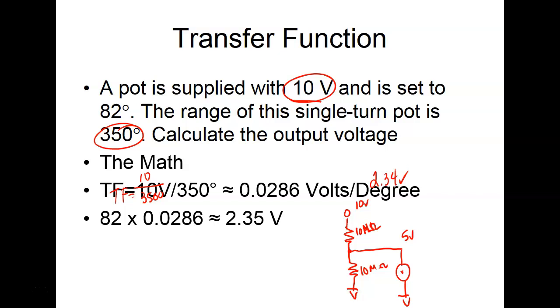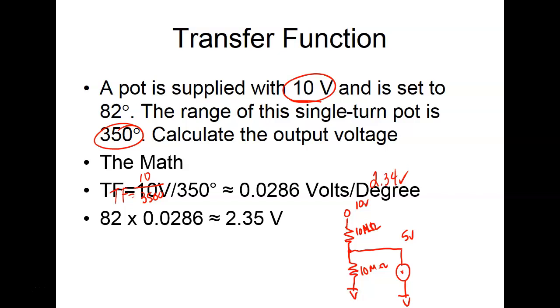The problem is that meter is a load. As soon as I put that meter right there, I put something in parallel with that resistor. Your meter is a load. One of the things you did in your meter certification was measure the resistance of that meter when you put it on volts.